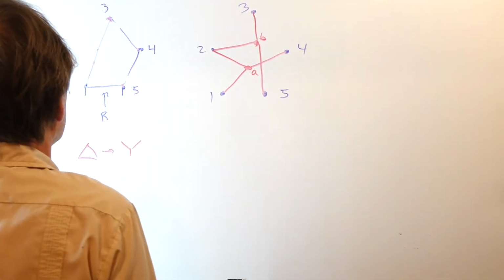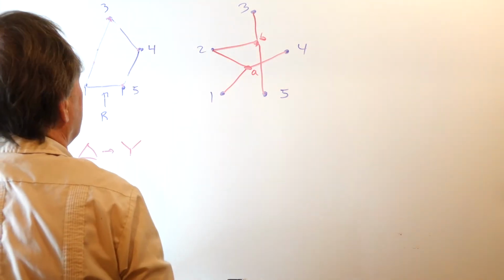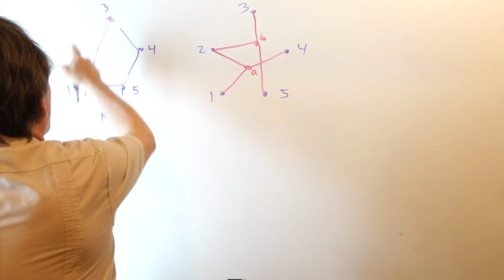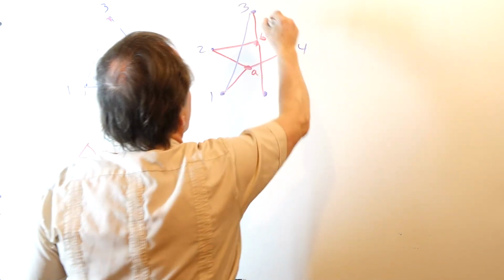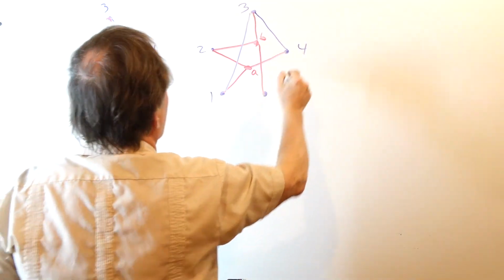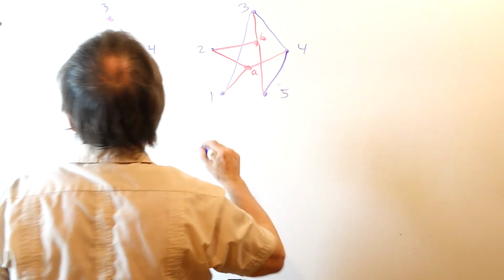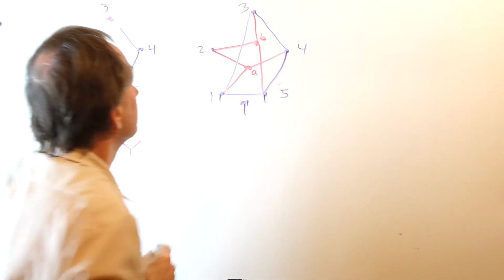Now, there aren't any conversions that we can use to simplify that, so we just put those elements in. So we have one from 1 to 3. We go 3 to 4, 4 to 5, and 5 to 1. And remember, we're looking in here.